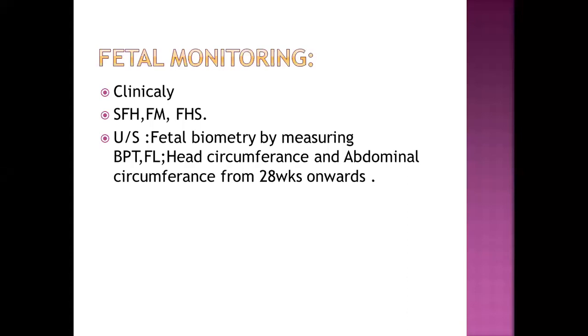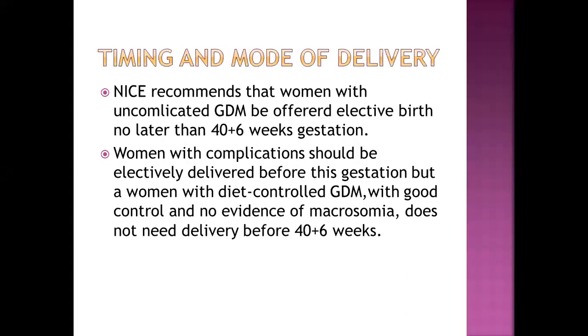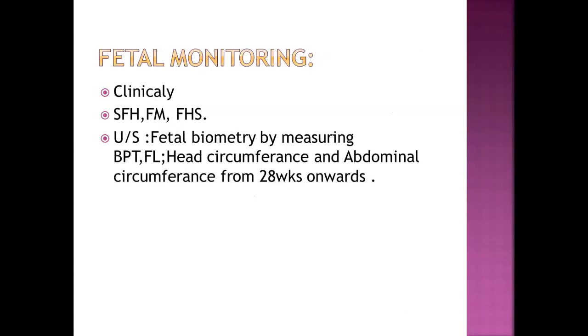If you have any doubt about the growth of the fetus, or you feel the growth is not corresponding to the gestational age and is more than gestational age, then we repeat it regularly after 15 days. So this is the fetal monitoring.